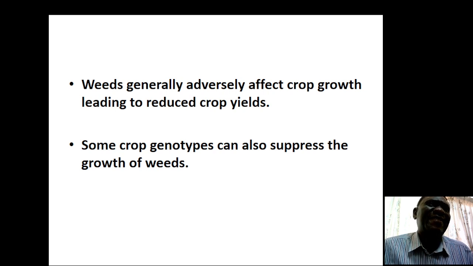So weeds generally adversely affect crop growth, leading to reduced crop yields. Of course, there are some crop genotypes which can also suppress the growth of weeds.